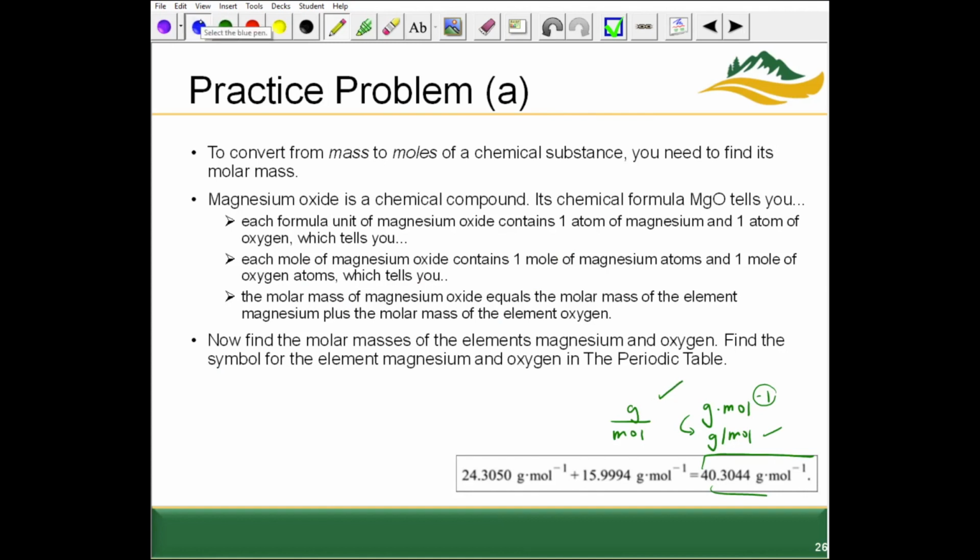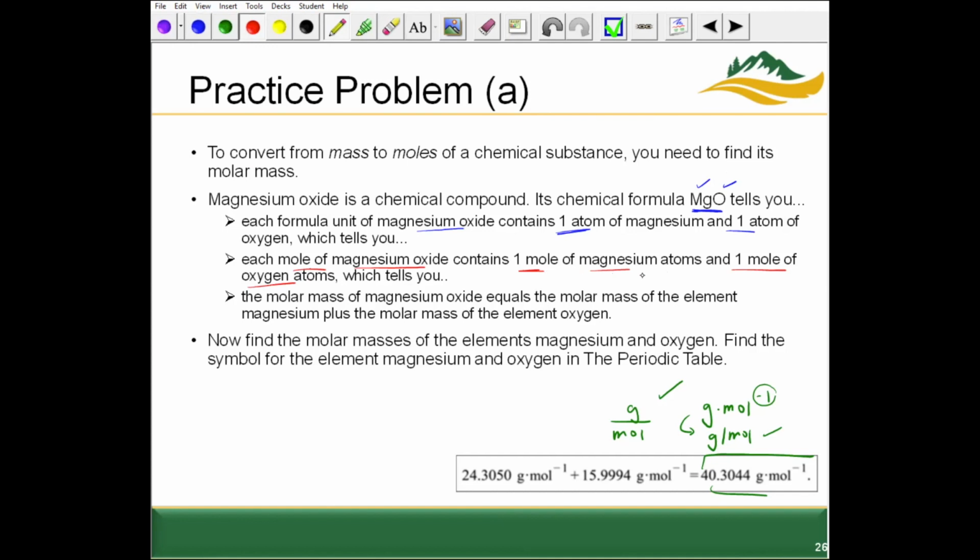I've talked about this mostly, but let's go through these points to make sure. So here's the chemical formula. Each formula unit of magnesium oxide contains 1 atom of magnesium and 1 atom of oxygen. Now, what this also tells us is that each mole of magnesium oxide will contain 1 mole of magnesium and 1 mole of oxygen atoms.